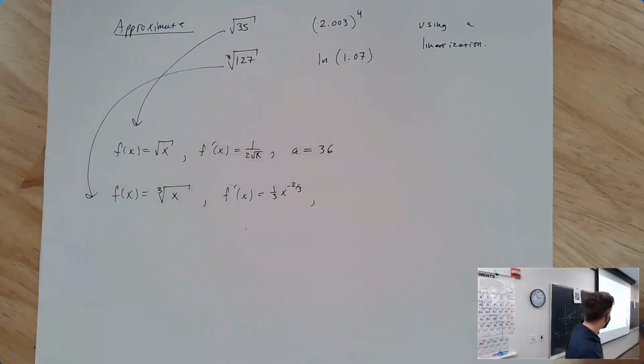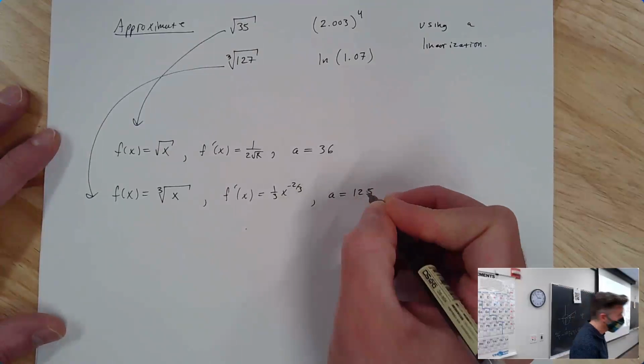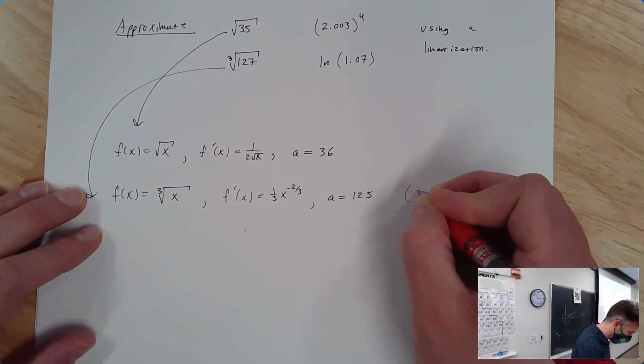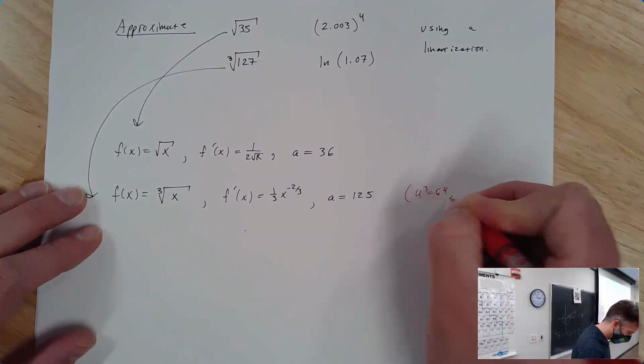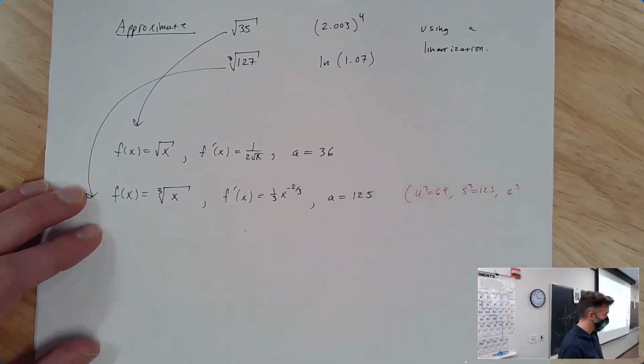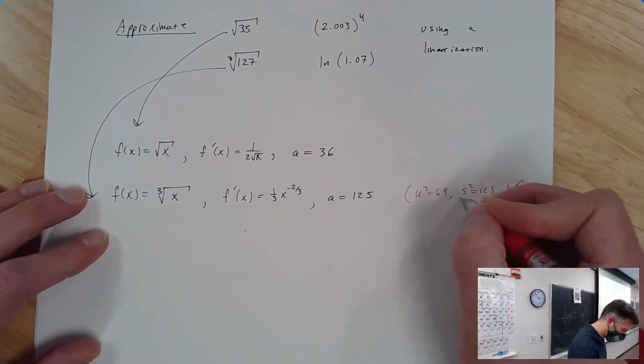And the value of a that we're going to pick that's close to 127 is exactly. If you don't know it, the easy way to figure it out is, I know 4 cubed is 64, 5 cubed is 125, and 6 cubed is going to be way too big to be close to 127. So it's definitely 125.